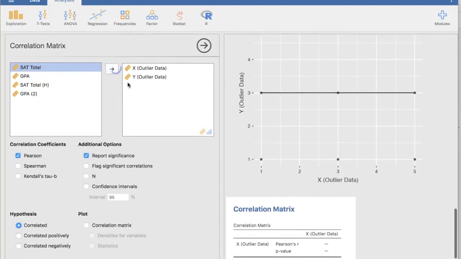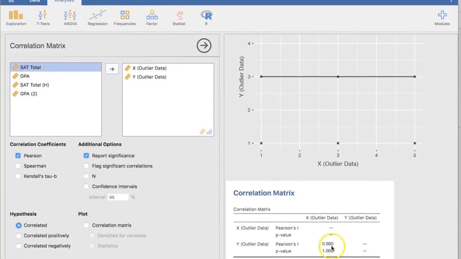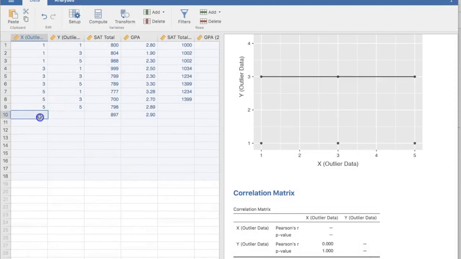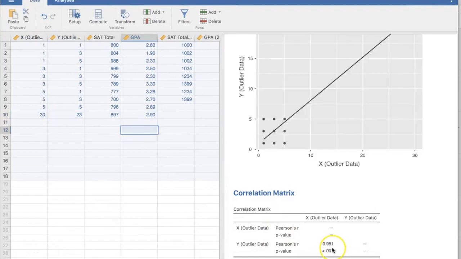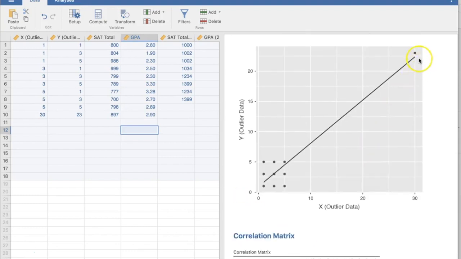X, Y. The correlation is 0. Now let me add 30 and 23, my outlier, and see what happens to the correlation. Oh my God, that is ridiculous. So again, an outlier is going to influence the result when you do a correlation. So always search for outliers when you're calculating your correlation.